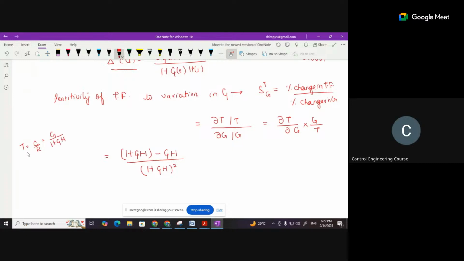Now I'm differentiating it with respect to G. You apply the derivative rule: denominator into derivative of numerator, that is del by del G of G, which is 1, divided by the square of the denominator.